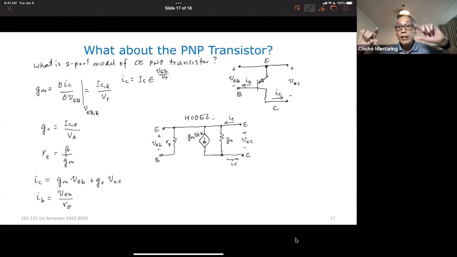Okay, what I'm going to do is, let me flip this. If I flip it, my emitter will be at the bottom, and my collector and base will be at the top. So let me flip it. I'll draw the base first.